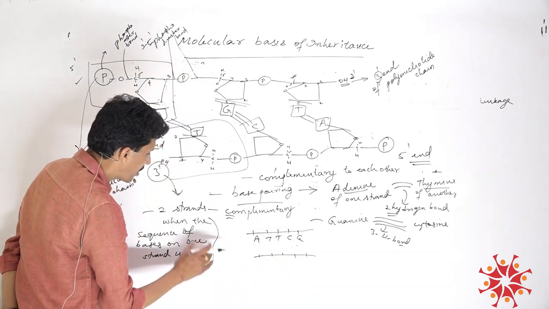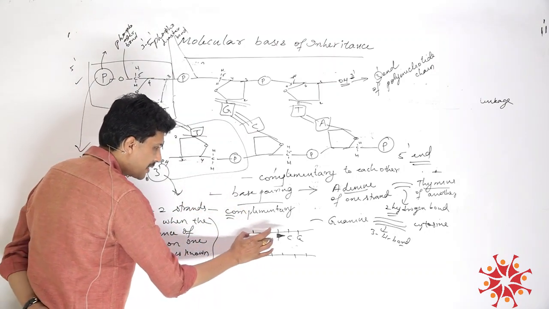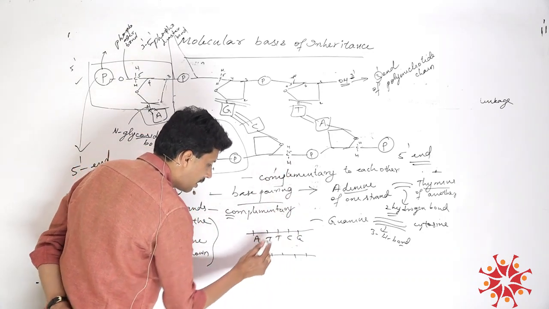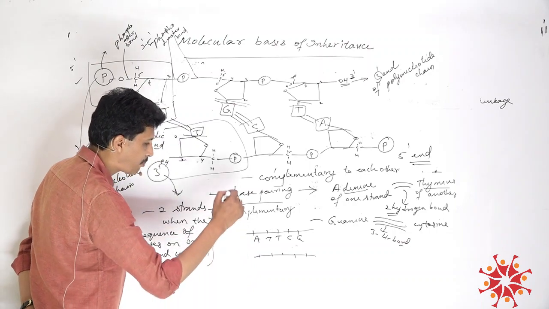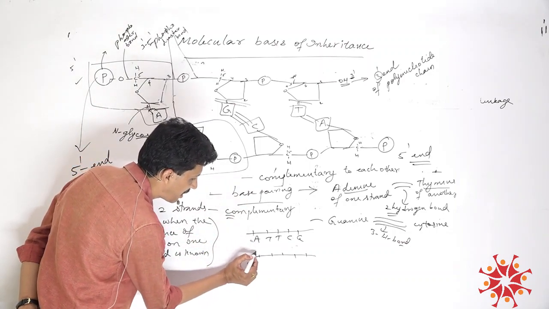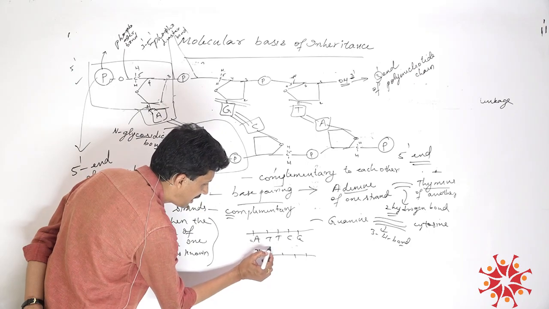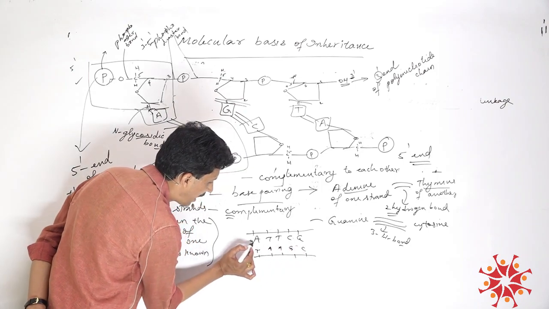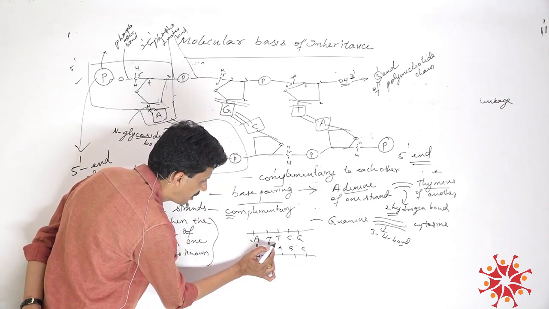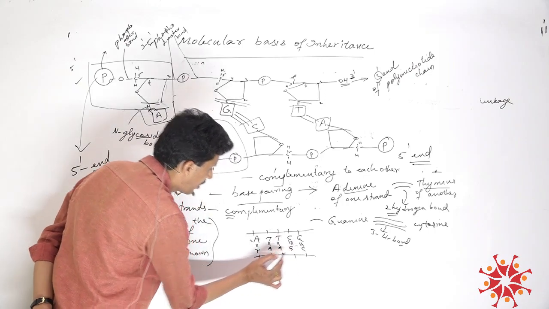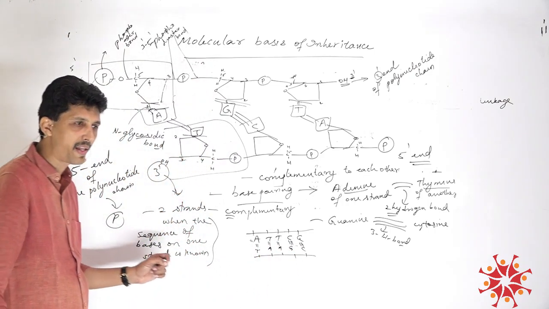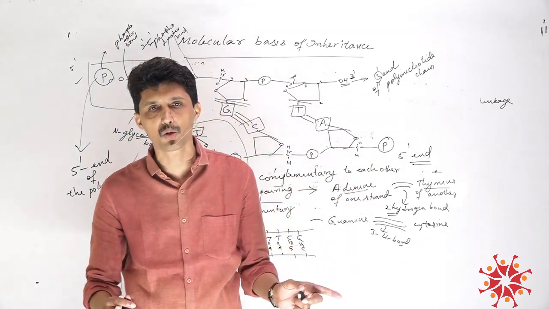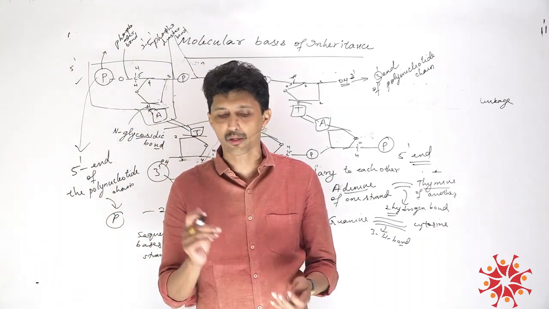So if the sequence of bases of one particular strand is known, the sequence of the other strand can be predicted. Here, if adenine is here, you will have thymine. If thymine is here, you will have adenine. If cytosine is here, you will have guanine, like this. And these will form 2 bonds, 3 bonds, depending upon that. So the base pairing is complementary, the two strands are complementary.